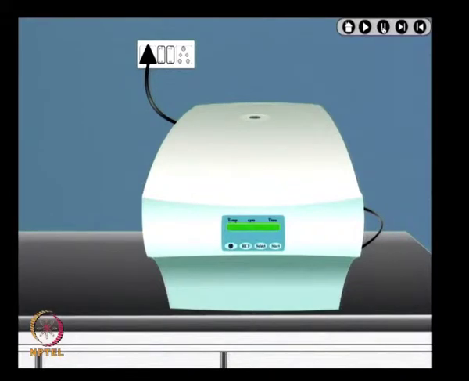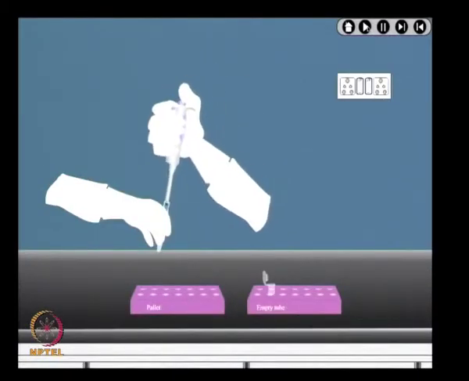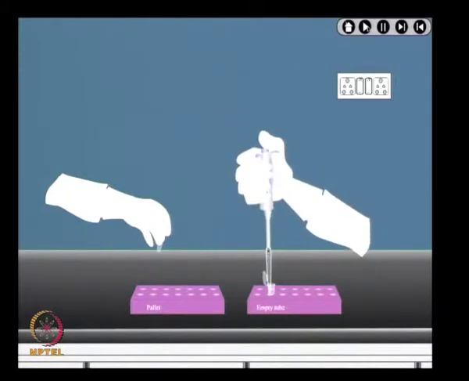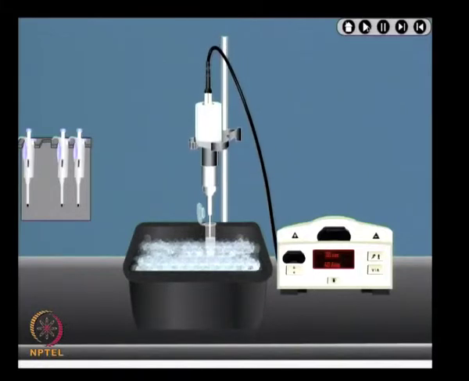The bacterial cells can be harvested by centrifuging the cells at 12,000 rpm for 10 minutes at 4 degrees. Wash the bacterial pellet with phosphate buffer of pH 7.4 for 4 times to remove the media.